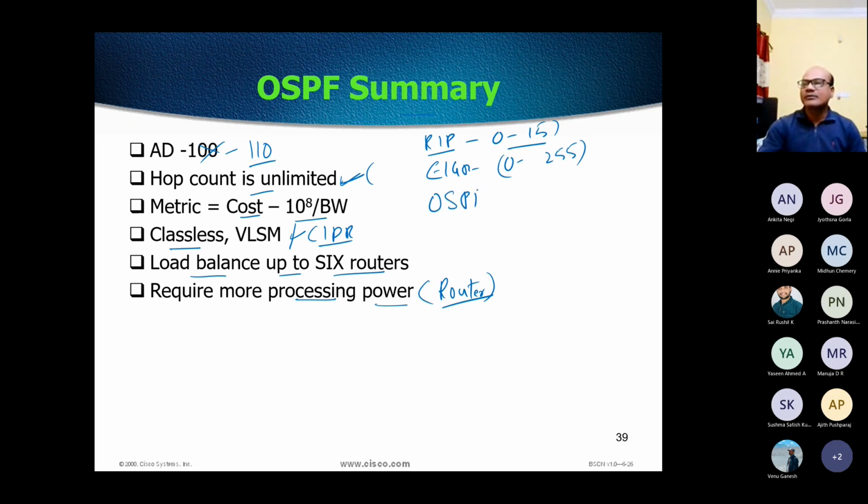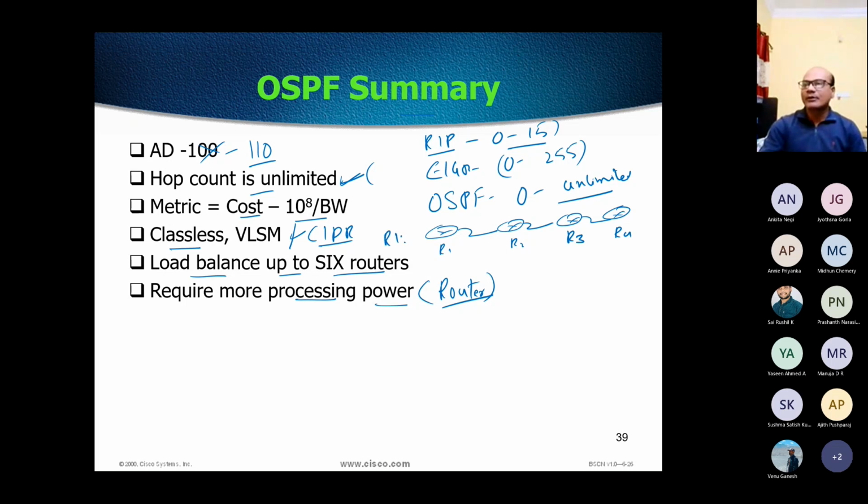Then OSPF is 0 to unlimited. Hop count is nothing but this thing, guys. Let me write it on this diagram. Imagine this is my R1, this is my R2, this is R3, and this is R4.